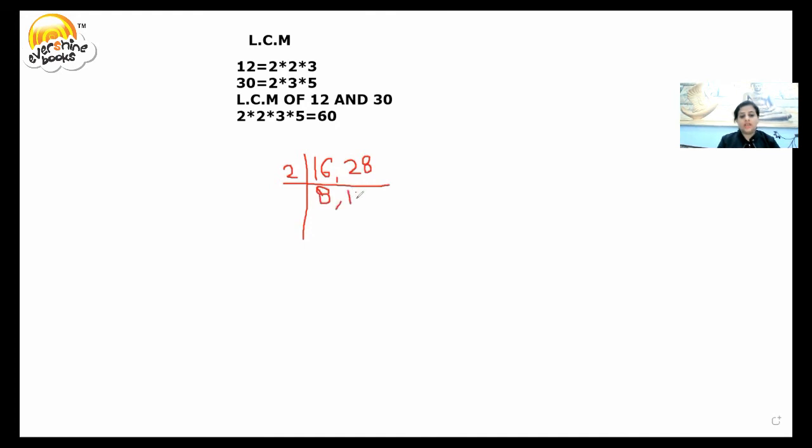2 4s are 8. Then again it is divisible by 2, so 2 4s are 8, and then 2 7s are 14. Now again 2, but 7 cannot be divided by any number. So here 2, then 2, then this is 7.